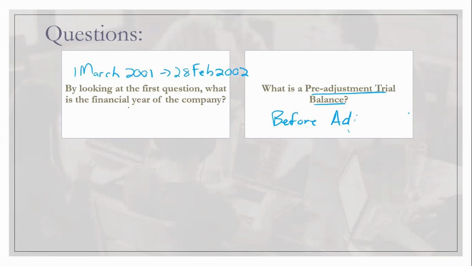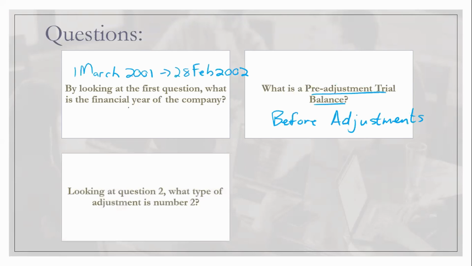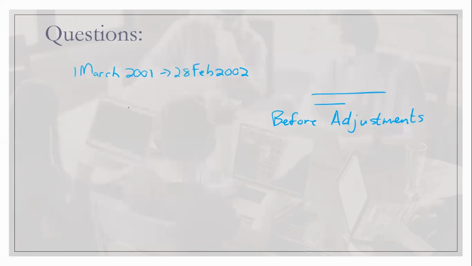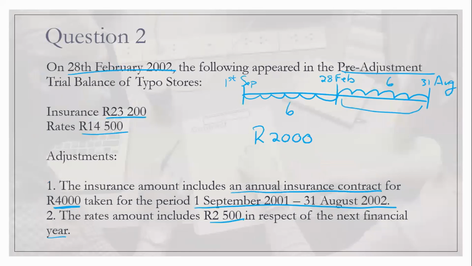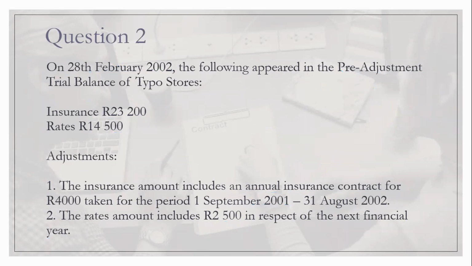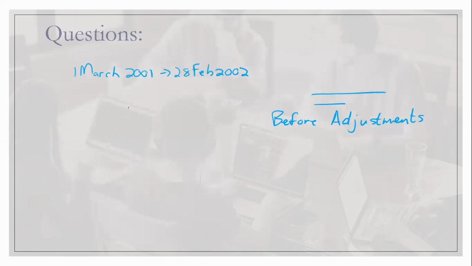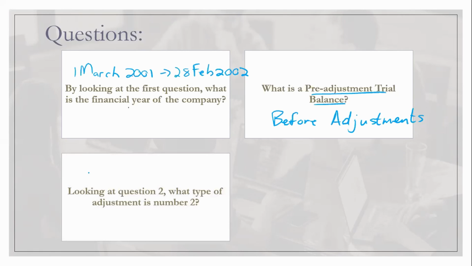All right. Looking at question 2, what type of adjustment is number 2? Let's have a look at it quickly. Adjustment 2, the rates amount includes 2,500 in respect of the next financial year. What did we call it? A prepaid expense.